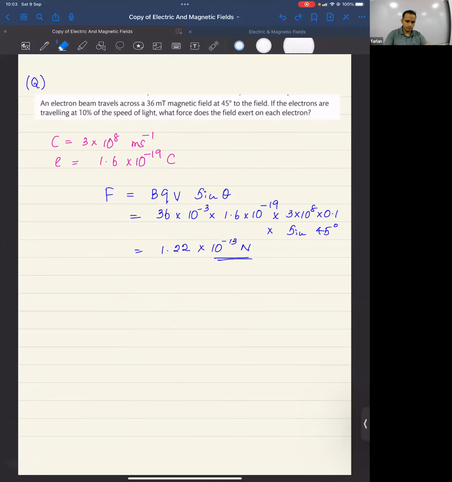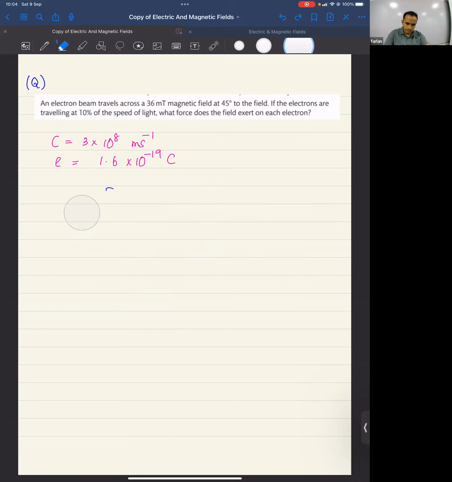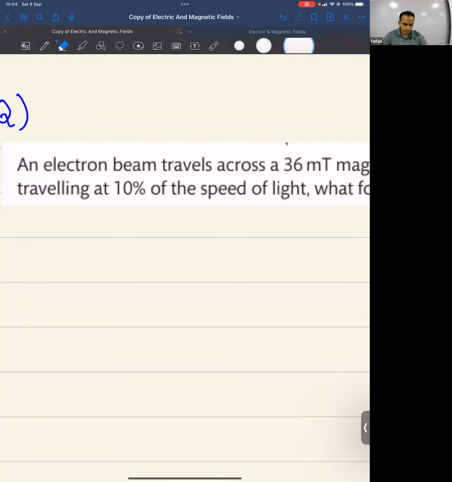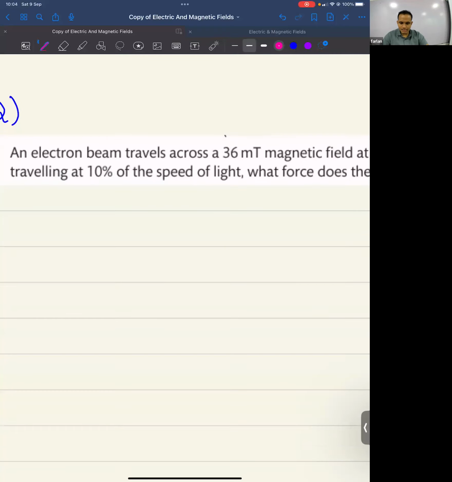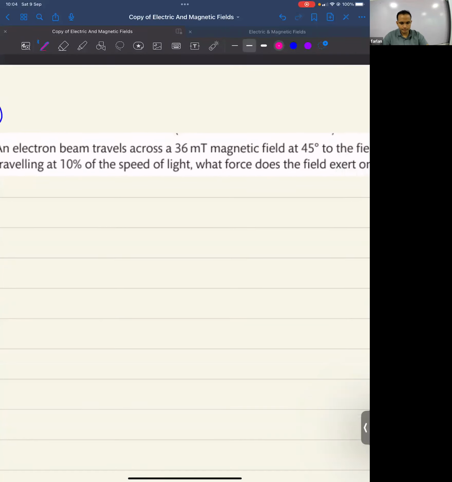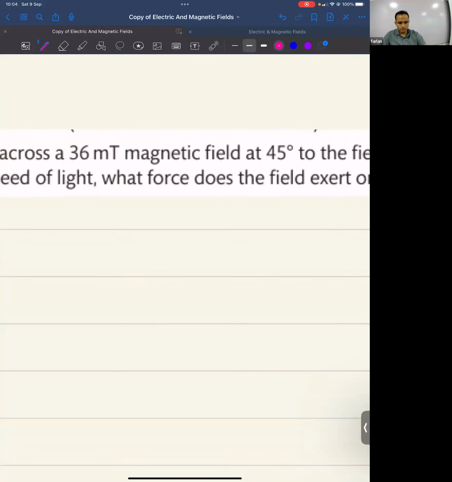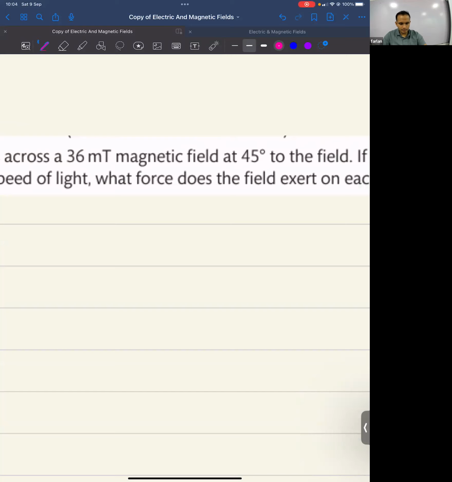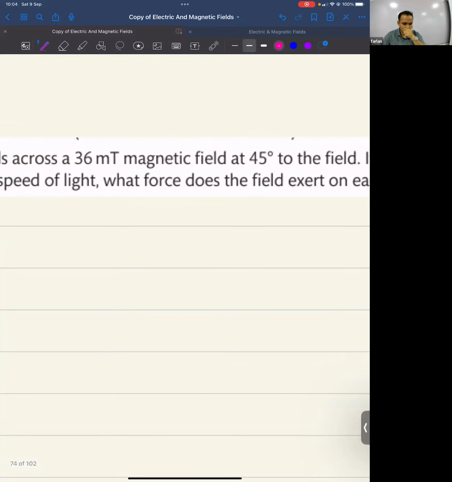Guys, write down a question. An electron beam travels across a 36 millitesla magnetic field at 45 degrees to the field.